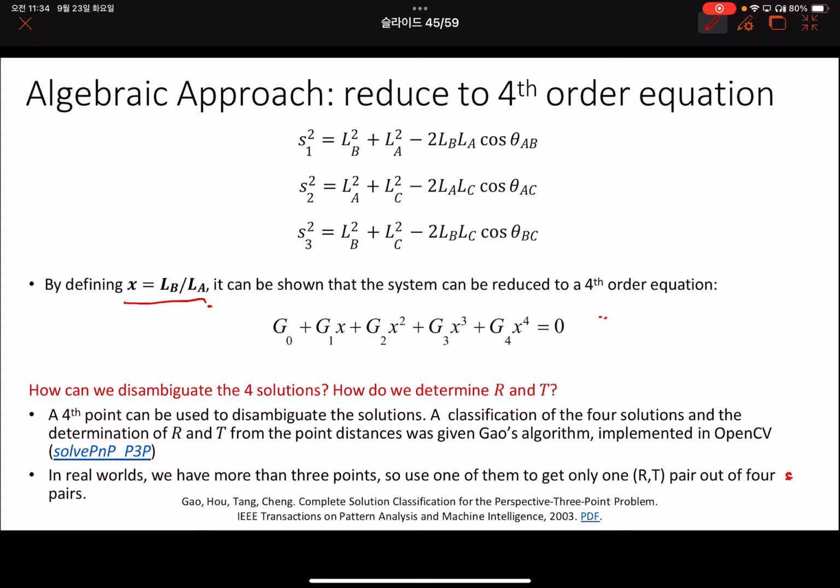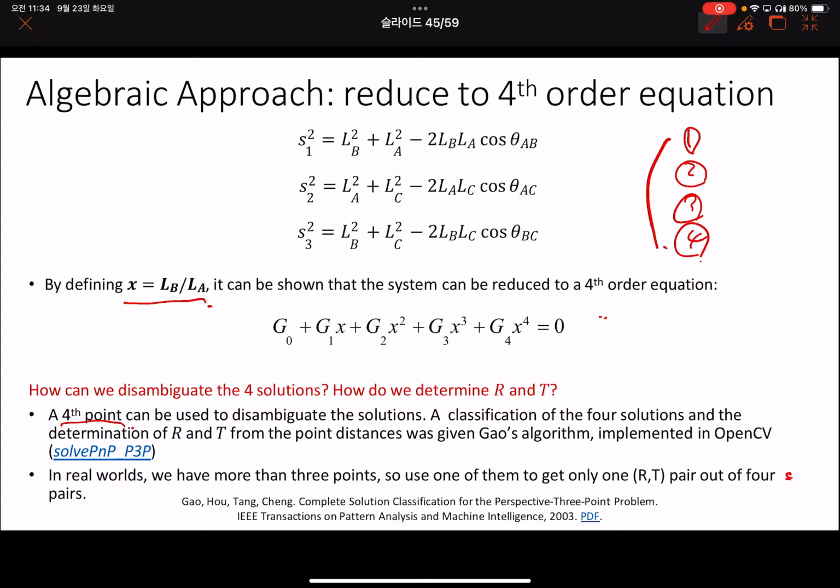We have 4 solutions, and we introduce the additional 4th point to pick the solution with minimal error. The 4th point can be used to disambiguate the solutions. The classification of the 4 solutions and the determination of R and T from the point distances was given by Gauss, and the algorithm is implemented in OpenCV. So assuming we have 3 points, we can get 4 possible solutions.